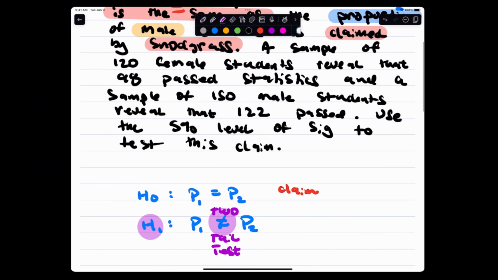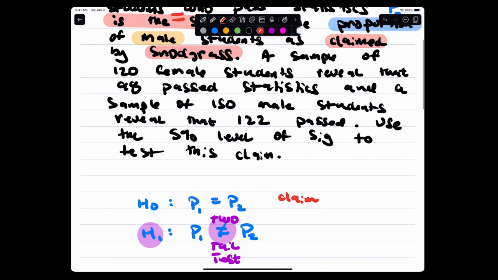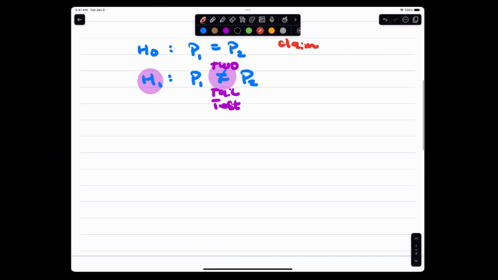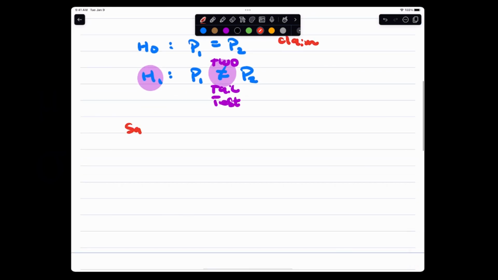What you want to do now is read the sample information. It says a sample of what? 120 what? Female college students reveal, what do they reveal? 98 passed statistics. So that's the first group. Sample 1, N1 and X1.